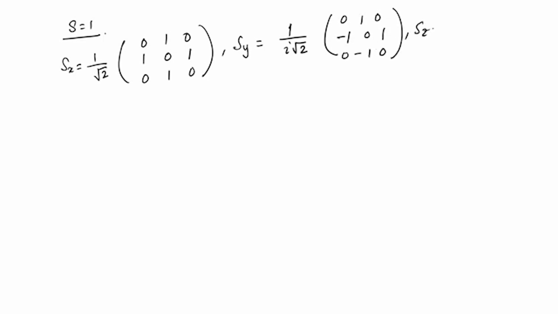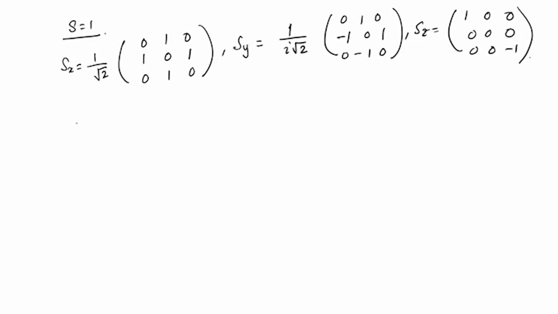And Sz again is diagonal: 1 0 0, 0 0 0, 0 0 minus 1. In each of these cases one usually chooses Sz to be diagonal, and they all have properties which are quite universal for all the spin matrices.